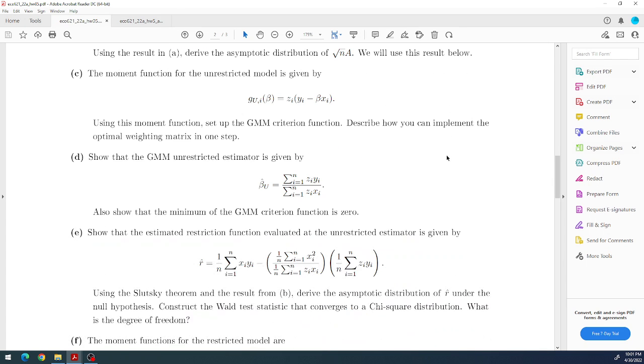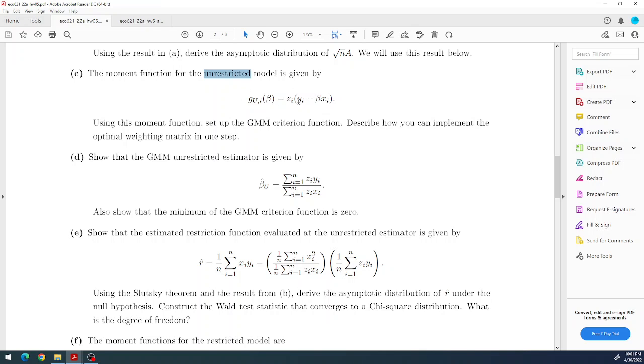Now the GMM part starts. The moment function for the unrestricted model is given by this, because there is only one exogenous variable in the instrument, because it's the unrestricted model. So the null hypothesis is not used. We are not sure about the null hypothesis.